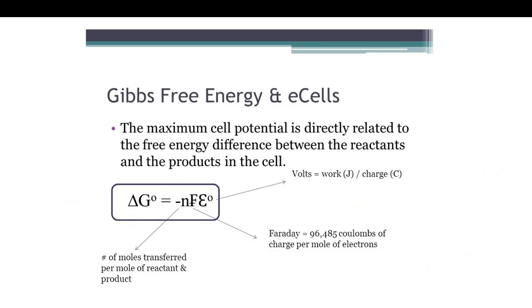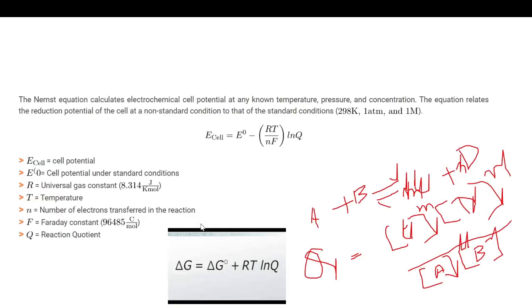Now, once we find the electrochemical potential, the relation of this electrochemical potential with the Gibbs free energy is given by del G naught equals minus N F E naught, which is the electrochemical potential you have found from this formula.